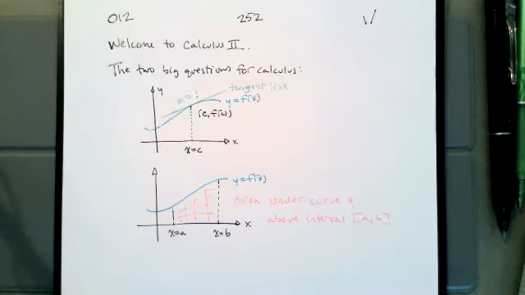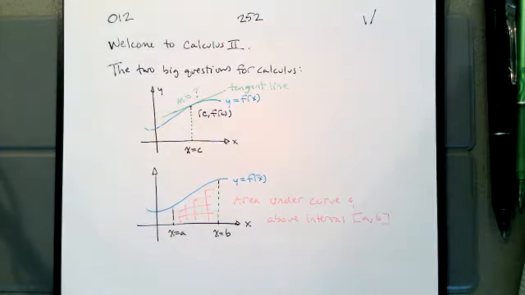And that, we discovered, was a question for the definite integral. So these are the two big questions for calculus. What's the slope of the tangent line? What's the area under a curve and above an interval on the x-axis?